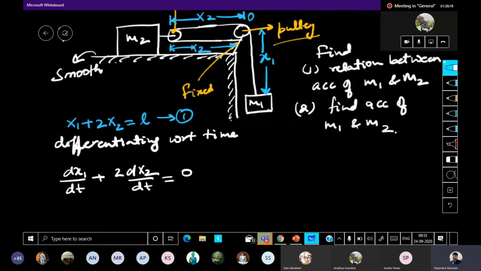So dx1 upon dt will be v1, so v1 plus 2v2 is equal to 0. This equation gives you the relation between velocities of blocks.